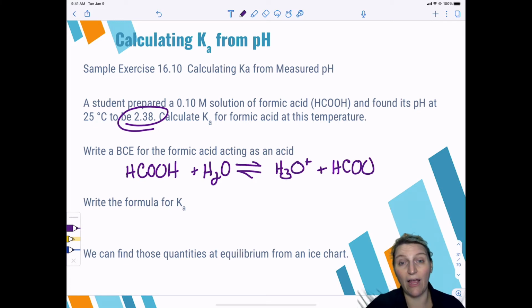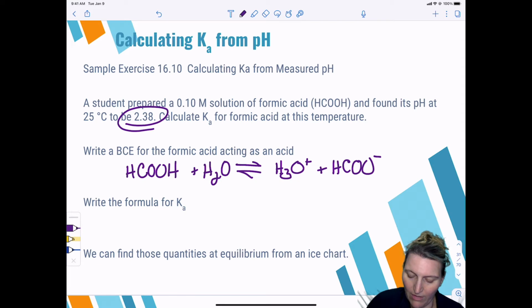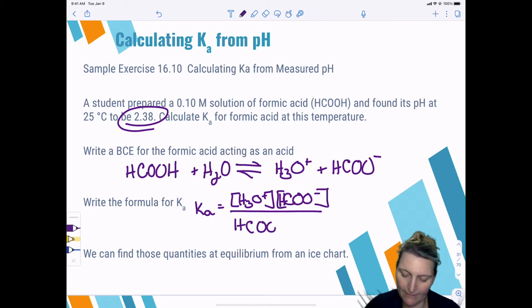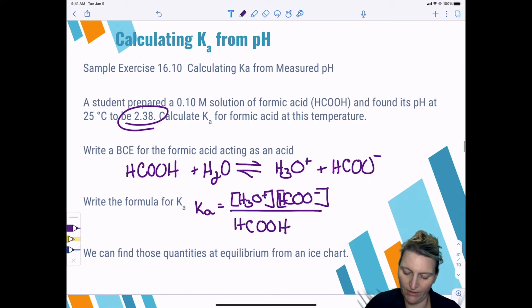It's that last hydrogen that's attached to the oxygen that gets donated. And then what would be the Ka for this? Well, Ka would be the concentration of the H3O plus times the concentration of the HCOO minus over the concentration of the HCOOH. Concentration, I should put that in brackets.